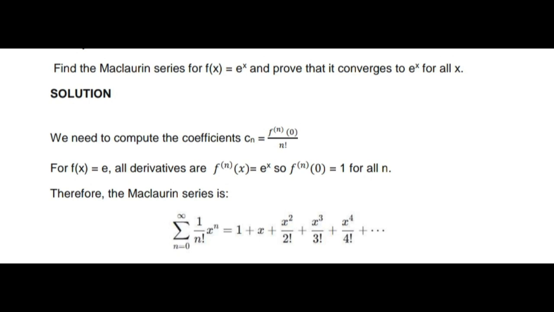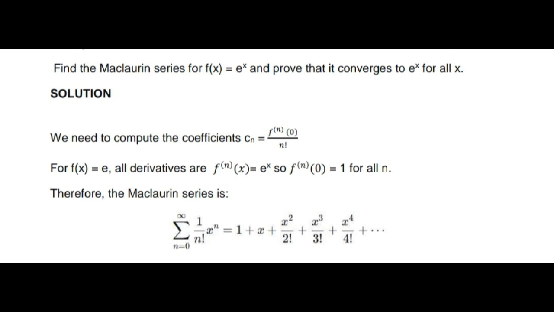So f raised to n of 0 equals 1 for all n. Therefore, the Maclaurin series is the summation of 1 over n factorial times x raised to n, which equals 1 plus x plus x squared over 2 factorial plus x cubed over 3 factorial plus x to the fourth over 4 factorial, and so on and so forth.